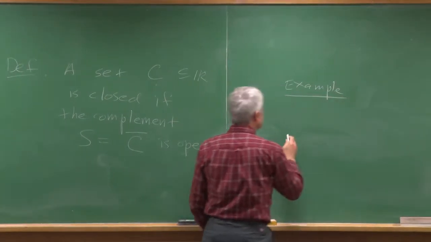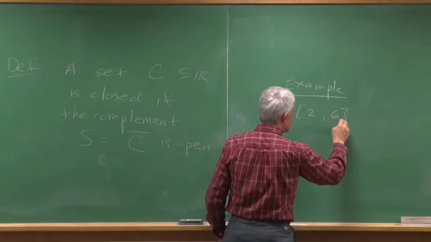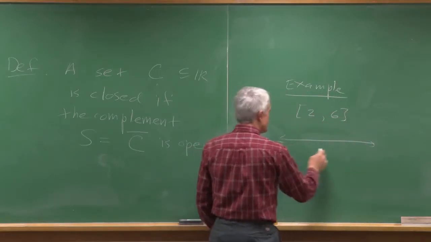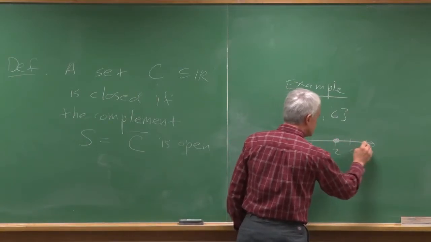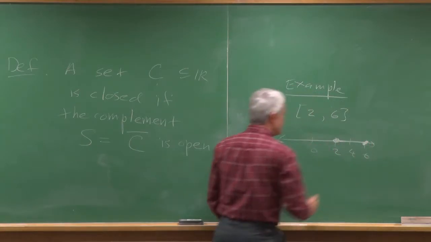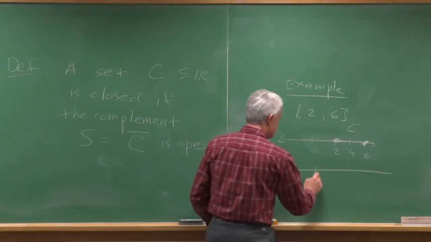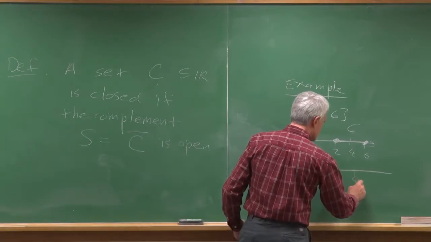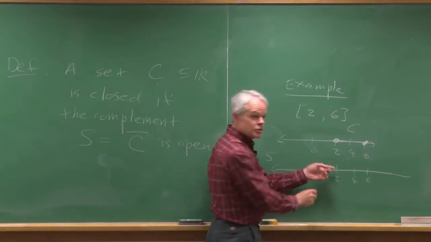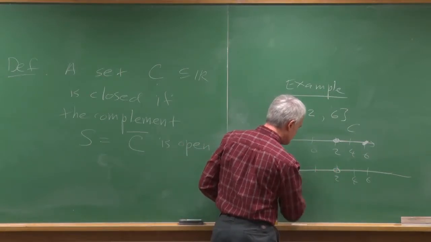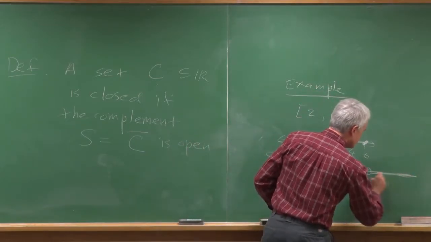Let's check. Again, let's take an interval, but now we're taking a closed interval, so we're including the endpoints. What's the complement? My set S is the complement, so 2 is not included, but everything less than 2 is included. 6 is not included, but everything greater than 6 is included.